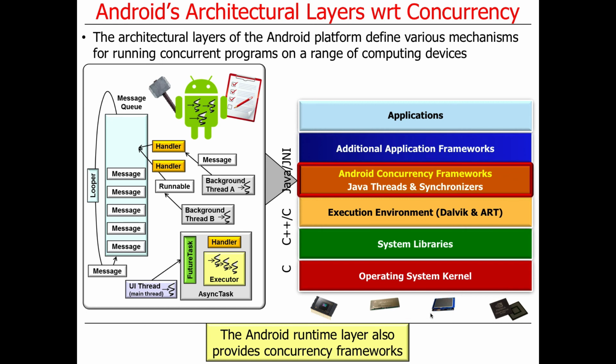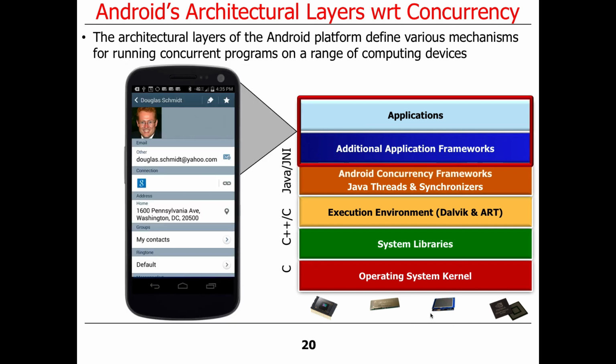And another thing that's provided for you in the Android runtime layer is something related to concurrency frameworks. And we'll see shortly that there's two important frameworks in Android with respect to concurrency. One of them is called the Handlers, Messages, and Runnables framework, or the Hammer framework, and the other is called the Async Task framework. And we'll talk a bit about Hammer, but we'll focus on async tasks because that's what you're doing for the next assignment, and that's got some really cool features in it.